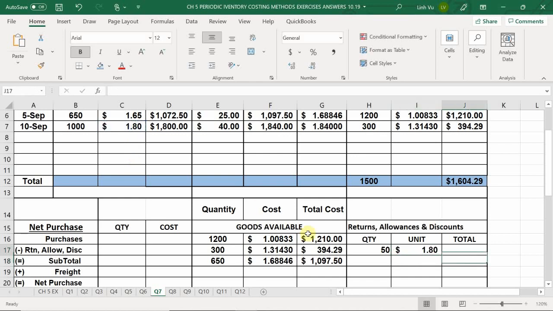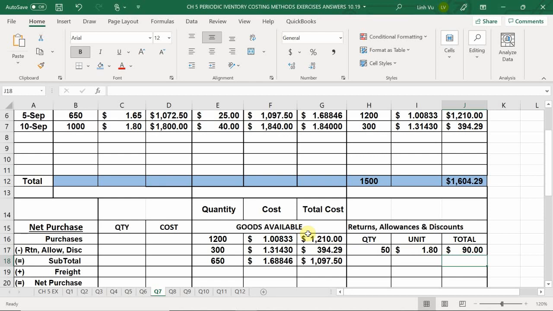So what's my total amount of refund? $90. $90 refund.